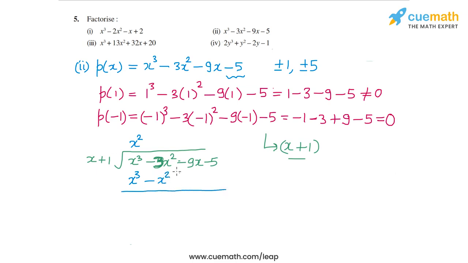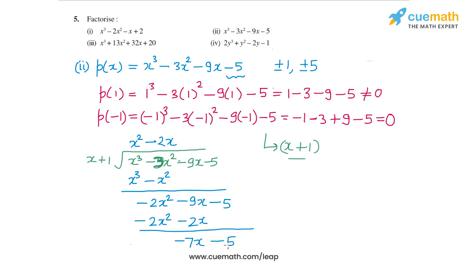Then I have minus 3x square minus x square is minus 4x square. And I bring down the remaining terms, minus 9x minus 5. So the next part of the quotient will be minus 4x. So that gives me minus 4x square minus 4x, and then I'm left with minus 5x minus 5.